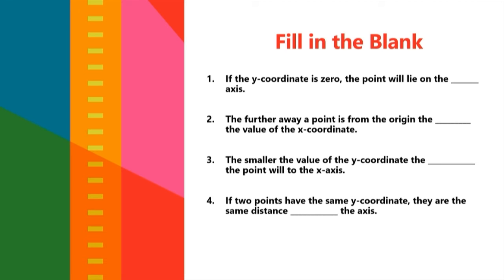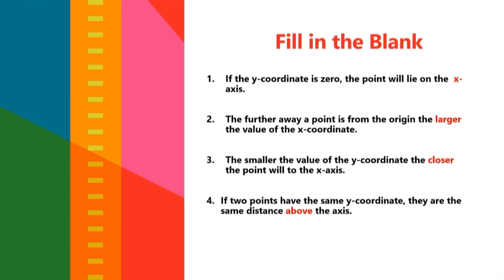So let's see how you did. Number 1, if the y-coordinate is 0, the point will lie on the x-axis, and we just showed you an example of that. Number 2, the further away a point is from the origin, the larger the value of the x-coordinate. And we just talked about that as well, boys and girls. Number 3, the smaller the value of the y-coordinate, the closer that point is going to be to your x-axis.